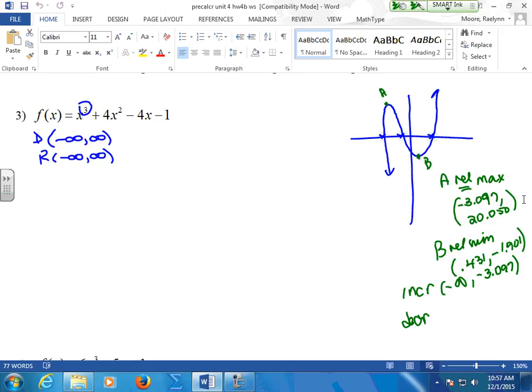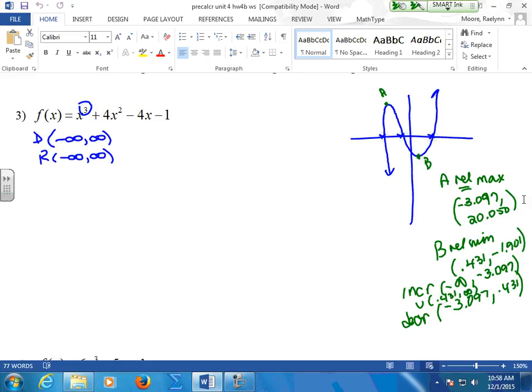It's decreasing. Remember, the value of my function is its y. So my y is decreasing between these 2 x points. Okay? Then what am I doing from here? Increasing. So I'm going to hook another one to my increase, and I'm going to increase from 0.31 to infinity.